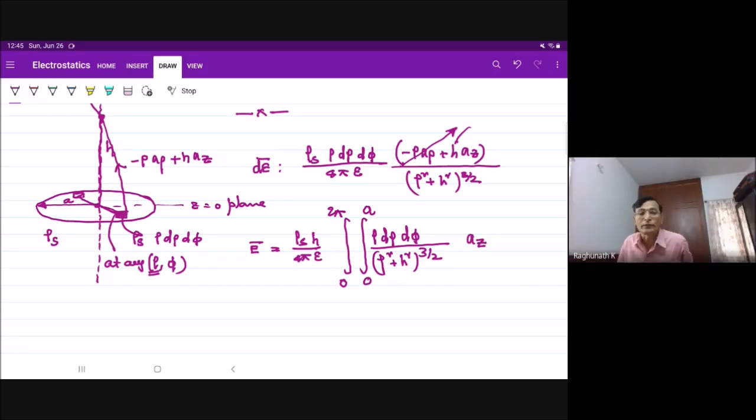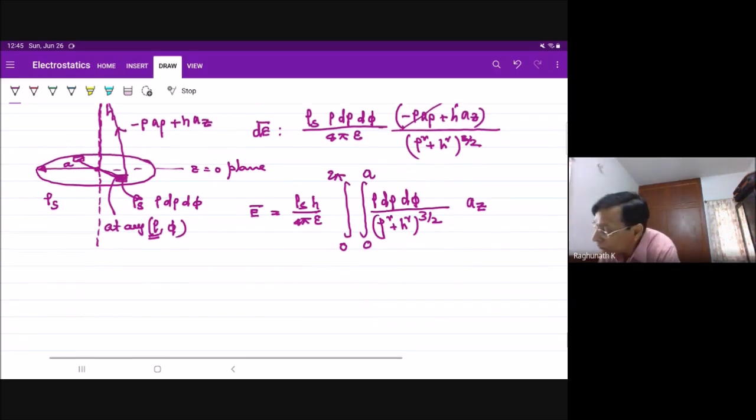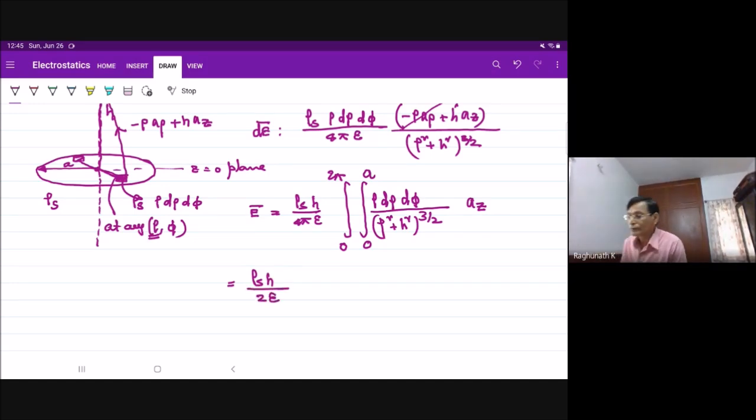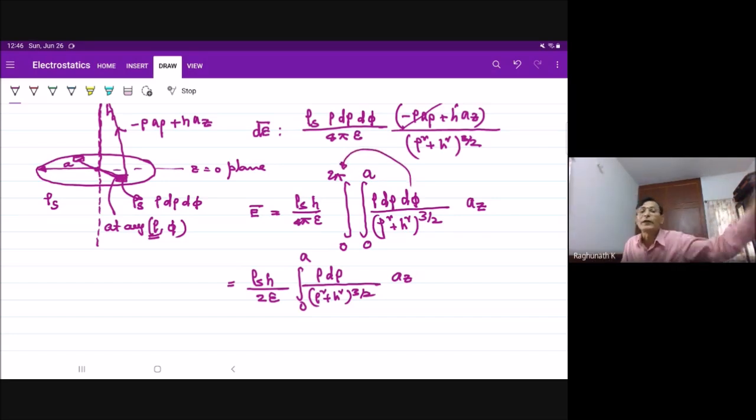Integral d phi is 2 pi, which is equal to, the order doesn't matter, rho s h by 2 epsilon, integral 0 to a, rho d rho by rho square plus h square whole power 3 by 2, a z. Integral d phi, only term, integral 0 to 2 pi is 2 pi.